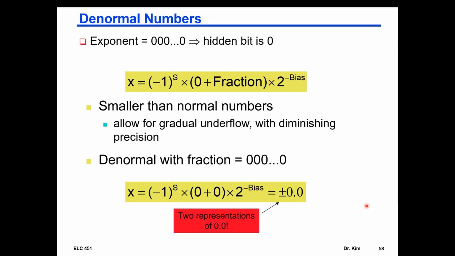What we're covering in this chapter is essentially 90% of the standard: how to go from one representation in binary to the actual decimal representation and vice versa. But you just need to be aware of these exceptions and corner cases.